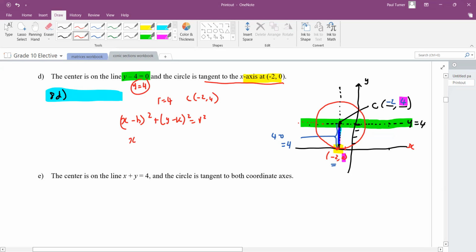So x minus -2 will be x plus 2 squared, plus y minus 4 squared, equals r squared. R is 4, so this will be 16. So this is going to be your equation of that circle there.